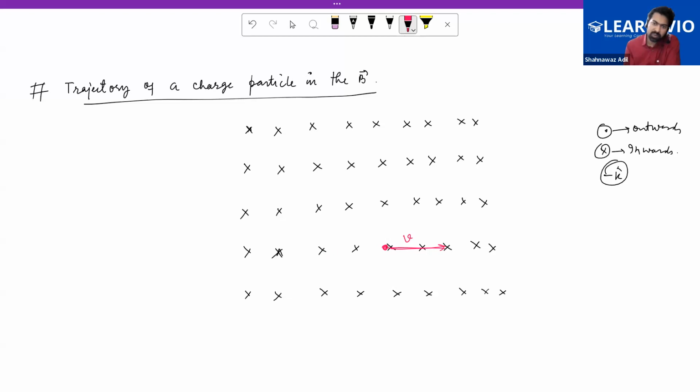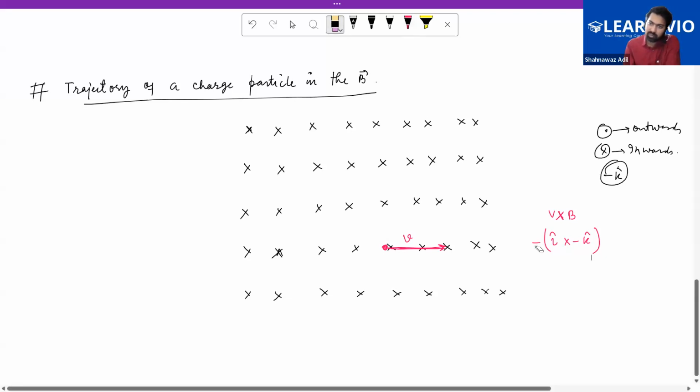So then it will travel, and we know that this is the direction of the v vector, right? And the magnetic field is inside, right? So what would be the direction of v cross B? So you see that v is phi hat direction, and then the magnetic field is minus k hat. So what is the direction of i cross minus k hat?